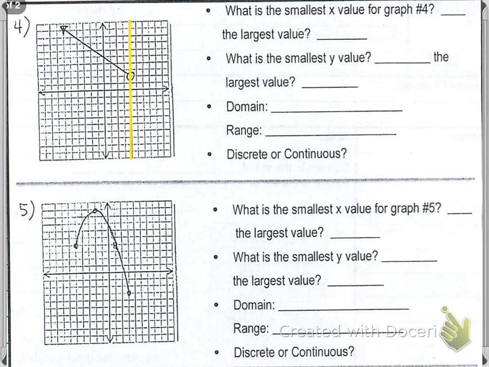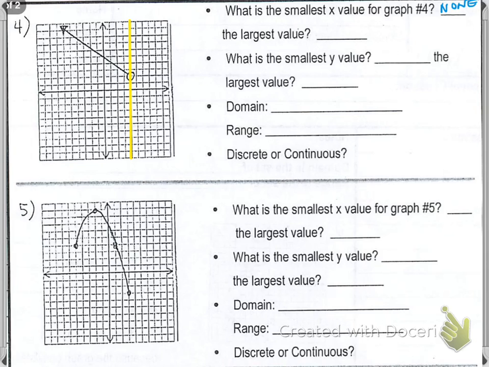Because it has an arrow, so it goes on forever. So is there a smallest value for x? No. So there's none. Oh, wrong one. Sorry. Okay, so there's no smallest value. You're not going to have to answer this question a lot. This is just kind of the setup.